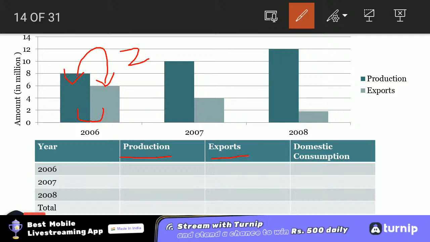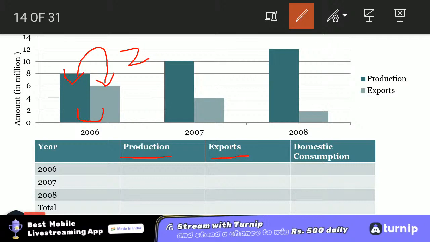Great. As you can see, it's mentioned. It can be clearly depicted. It was 8 million.